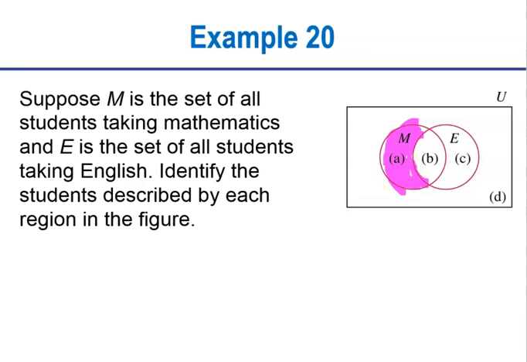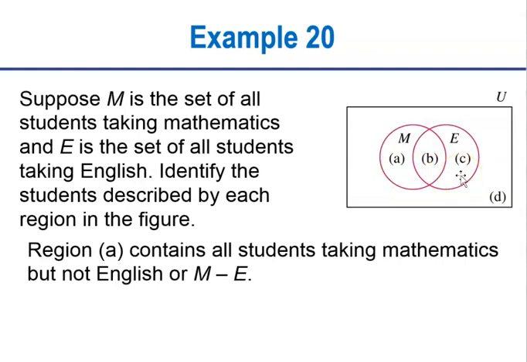Well, if we put that in words, that could be students that take mathematics, but not English. Let's see the way they have typed. Region A contains all students taking mathematics, but not English. And you could write it as the difference in sets M and E. All right, now, time for you to pause the video and describe sets B and C separately. The next one I'm going to do is B.